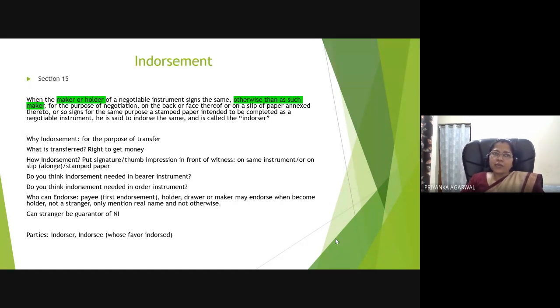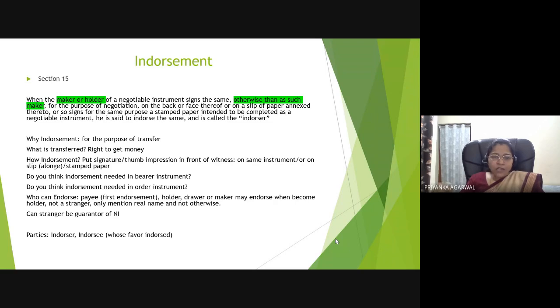Think of a scenario wherein A has to make a payment to B, B has to make a payment to C, and this is how the chain continues. Suppose the transaction goes like this: C, D, E, F, and F has to make a payment to A, and F has given that promissory note to A. Now A has two statuses: he is the maker as well as the holder of the instrument.